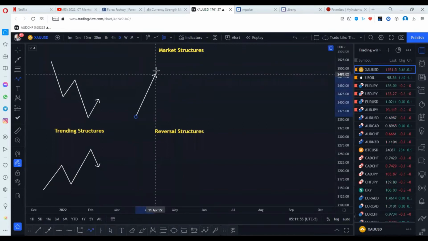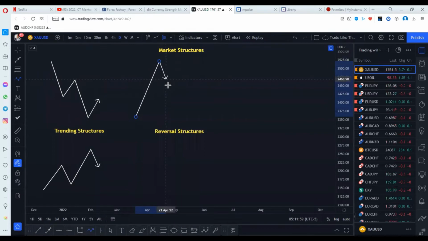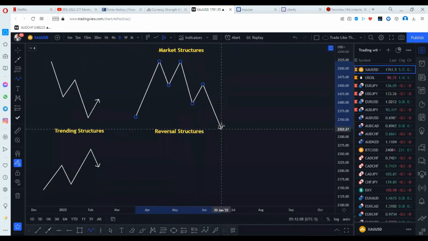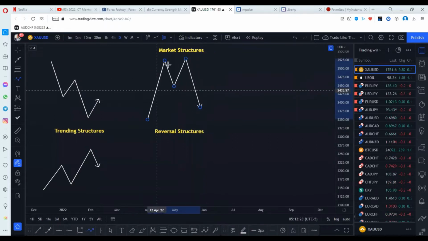We have price pushing all the way up here, but then it comes down, goes back up, then goes down. Retest. That's the market structure of a reversal of an uptrend.